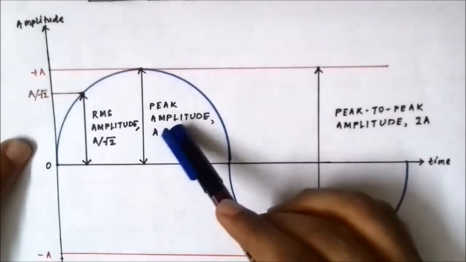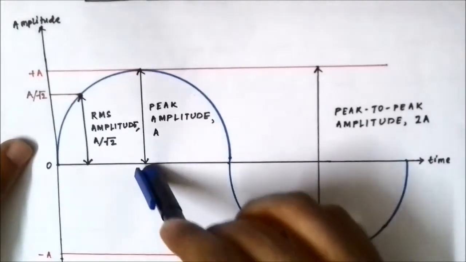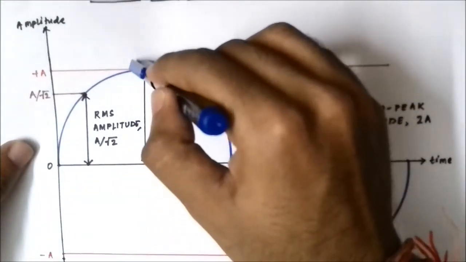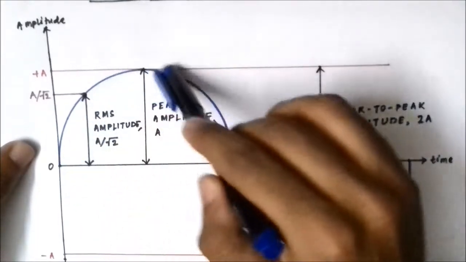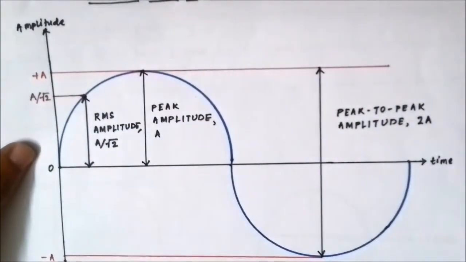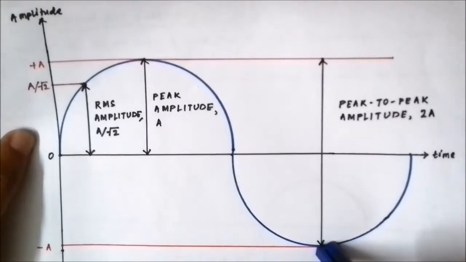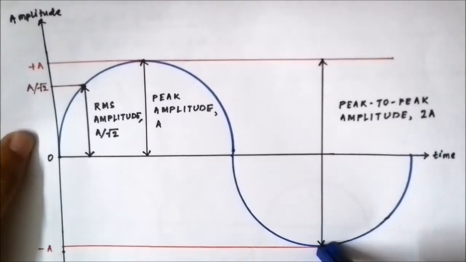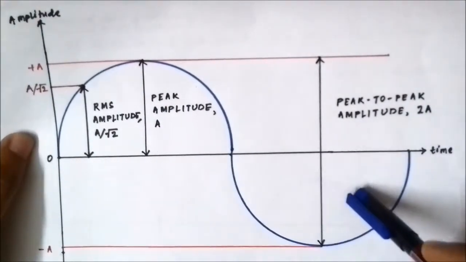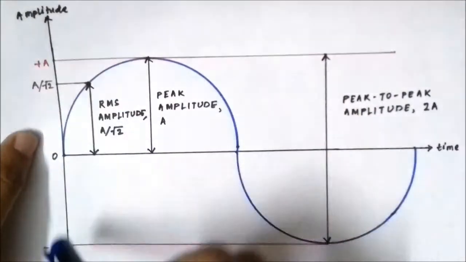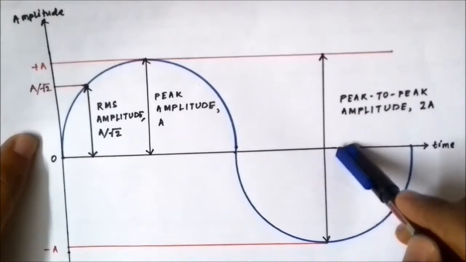Here the peak amplitude is measured from the origin to the crest, or the positive peak point, of the sinusoidal waveform. Peak amplitude can also be measured from here to the negative peak point or trough, that will be the negative peak amplitude. Here the positive peak amplitude is A, and the negative peak amplitude would be minus A, plus A and minus A when measured from the x-axis.